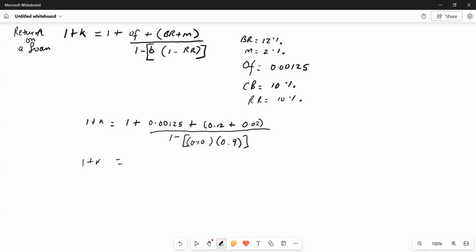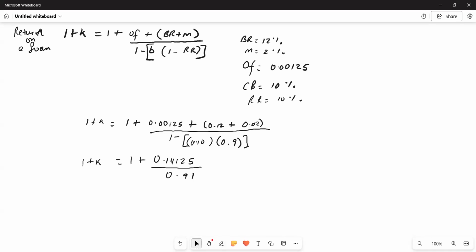So 1 plus K is equal to 1 plus 0.14125 divided by 0.91. Okay.